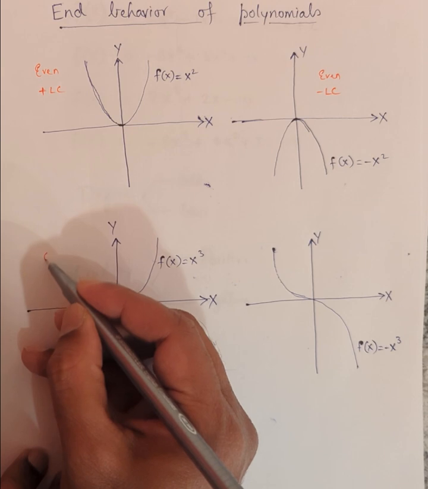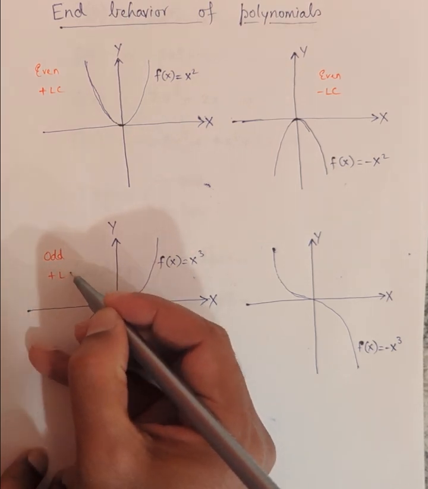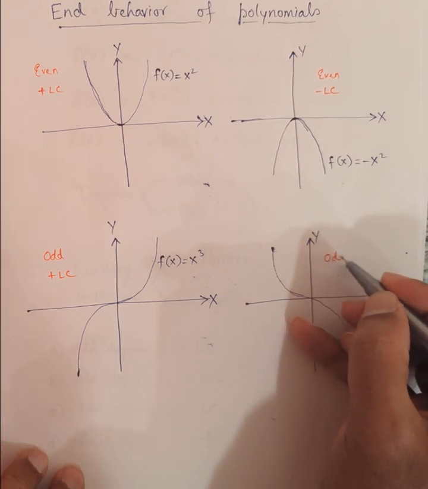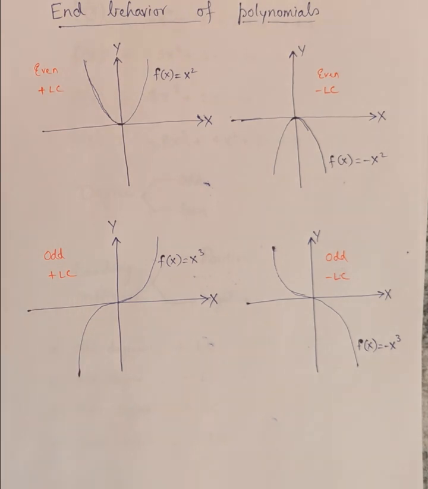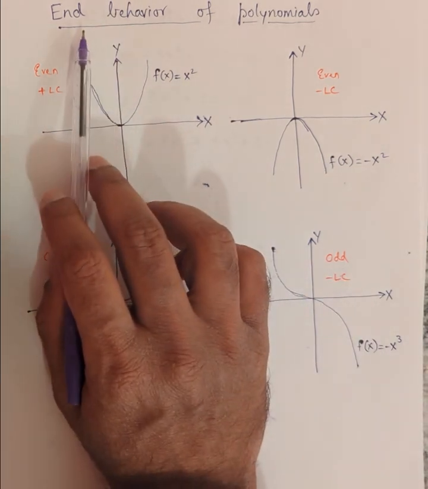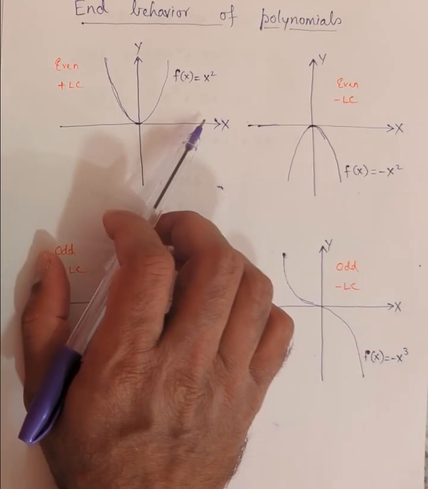Notice this is odd degree and positive leading coefficient, and this is odd and negative leading coefficient. These four examples will tell us what happens when we go towards the left or towards the right.